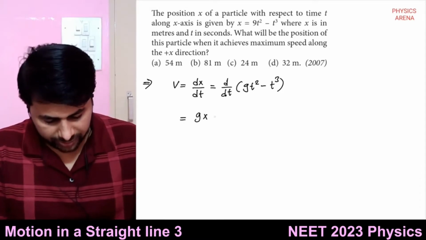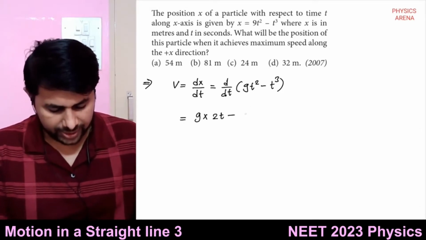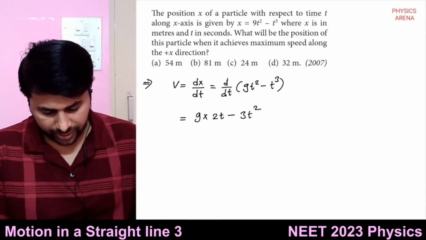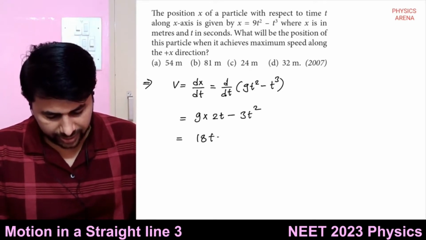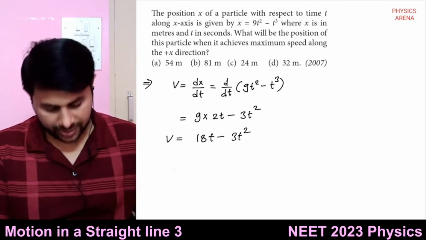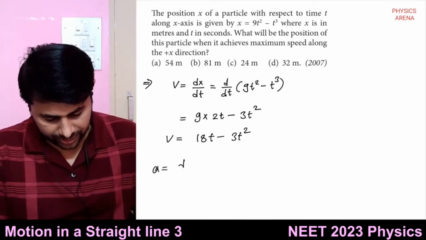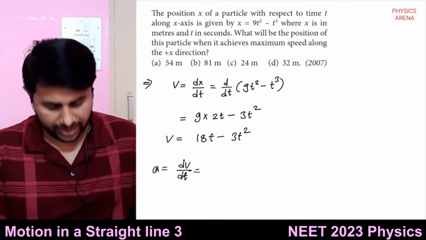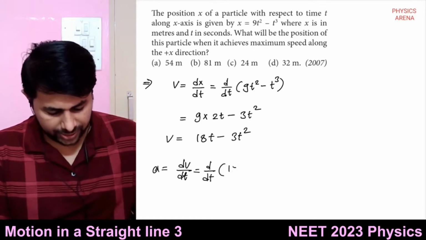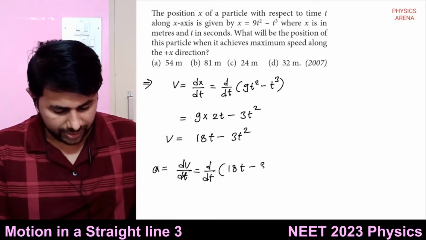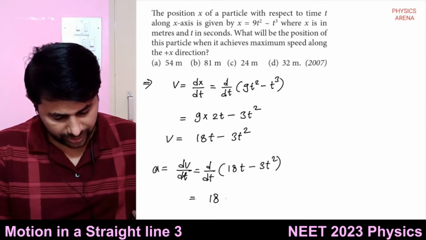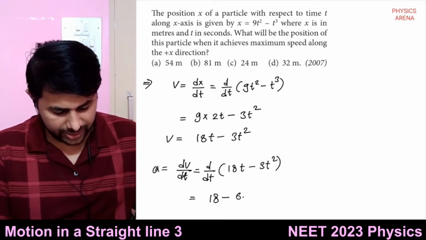Derivative of t square is 2t, minus derivative of t cube is 3t square. So it is 18t minus 3t square. This is your velocity. And what will be acceleration? Acceleration is change in velocity with respect to time, dv by dt. So it is d by dt of 18t minus 3t square. If you take the derivative, it is 18 minus 6t.